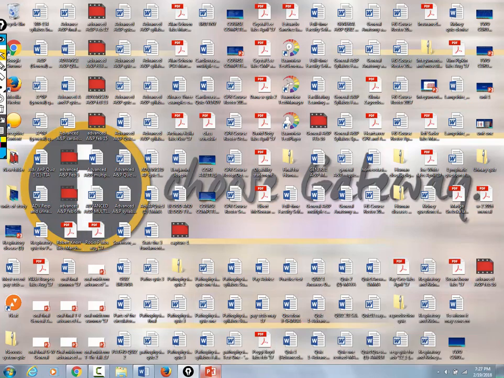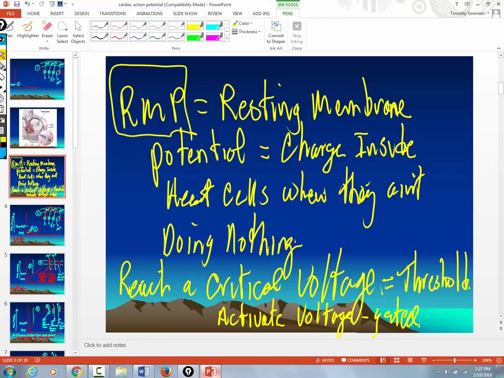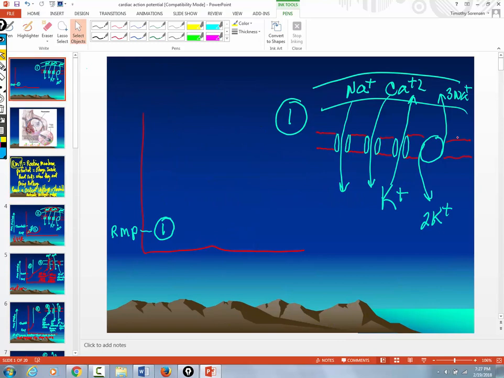Okay. So are you ready? Is everybody familiar with our starting point here? We're going to be looking at a cell of the SA node, right? So watch. This is the cell membrane of the SA node. You got me? That's the blood.